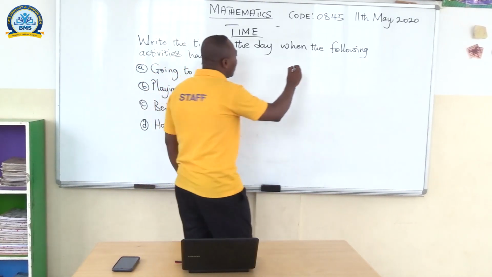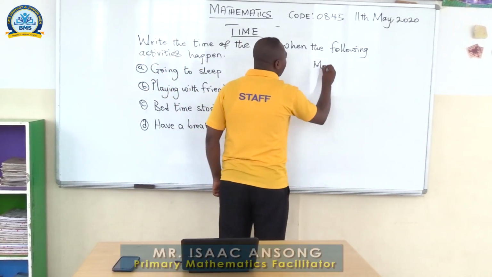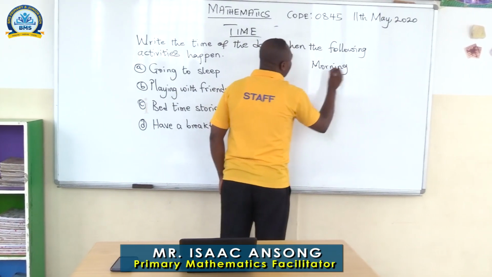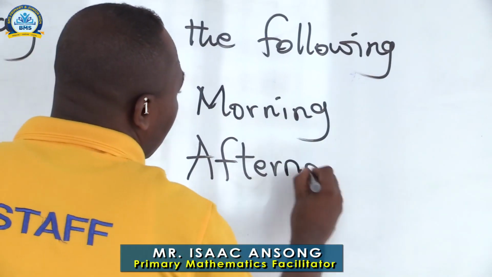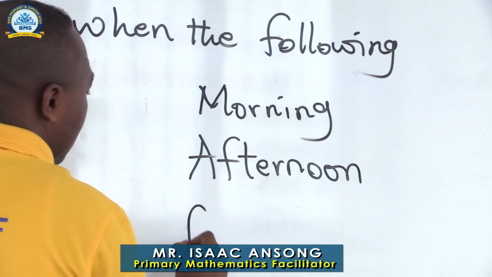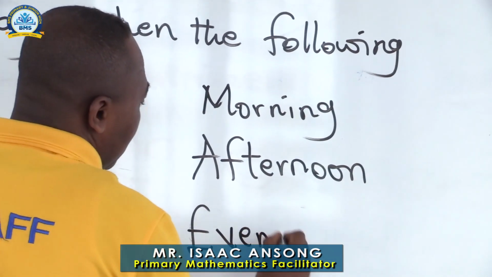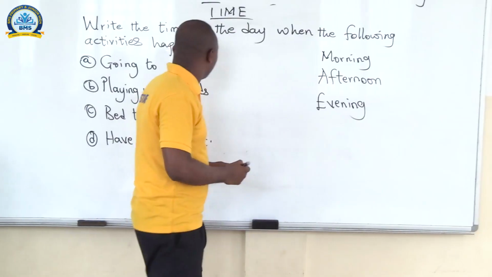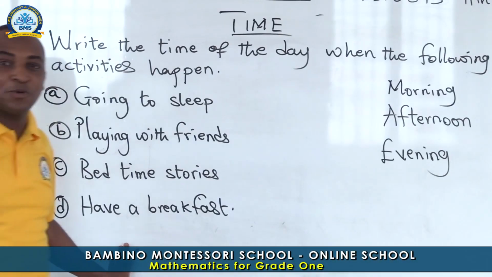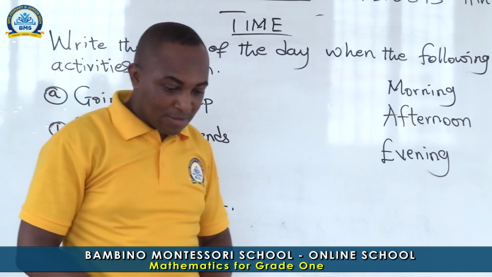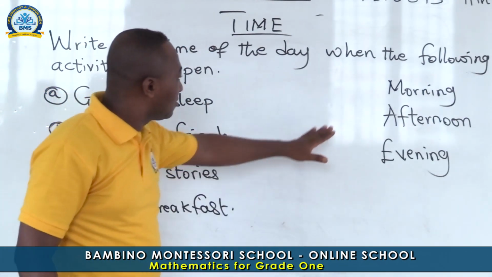So we have morning, afternoon, and evening. So just look at these activities and tell me which time of the day they do happen.